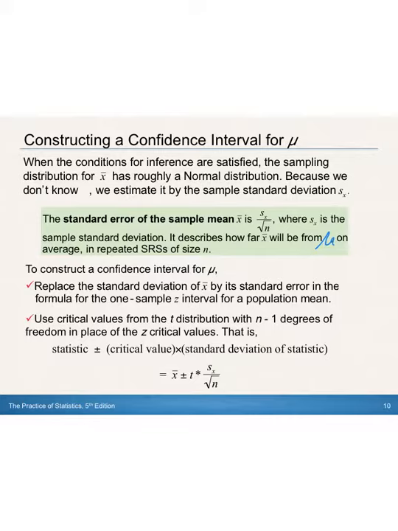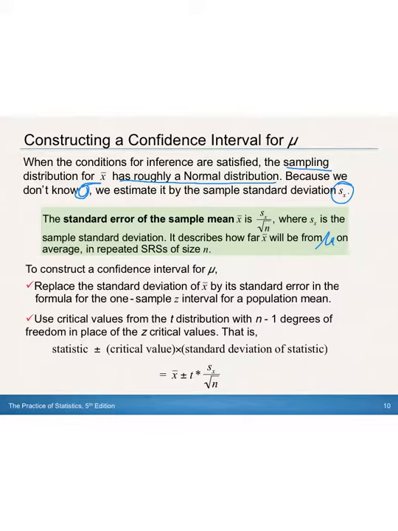So we've met our conditions for inference, and we know that the sampling distribution is roughly a normal distribution. But because we don't know our population standard deviation, we have to use our sample standard deviation. But we found out when we standardize with the sample standard deviation, we end up with a different kind of distribution.